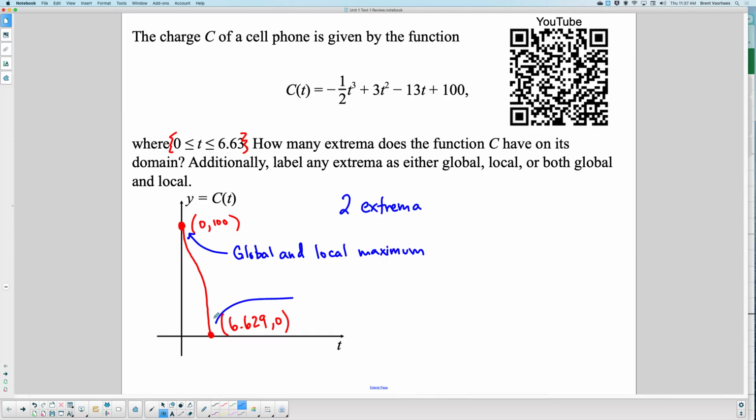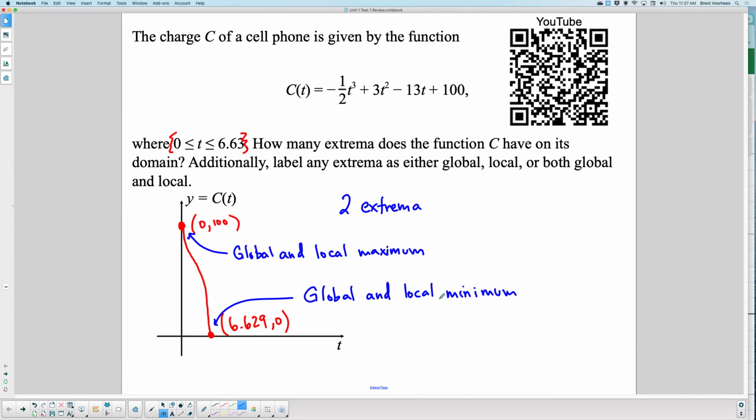This point down here, is that a global or just a local minimum? Global. So we would say this is a global and local minimum. All using the words I used in that one lesson.